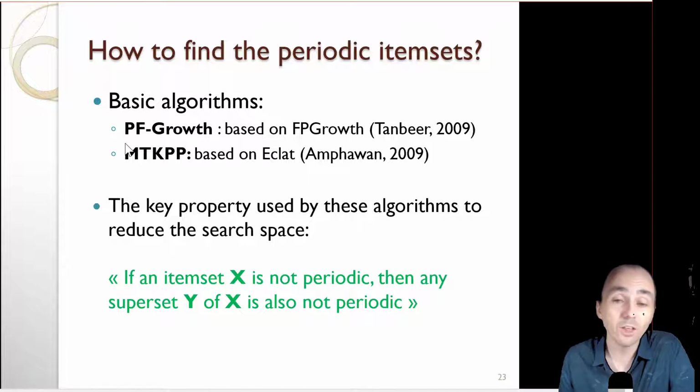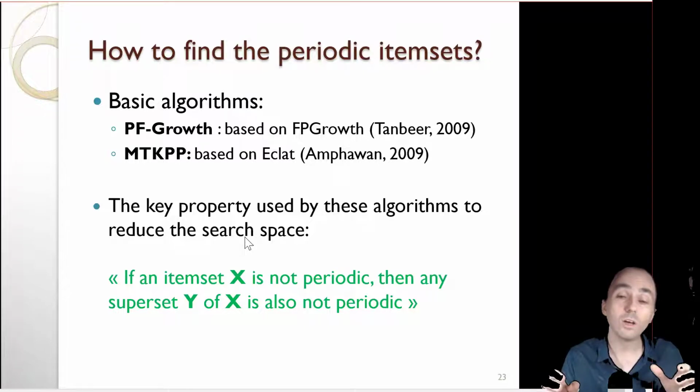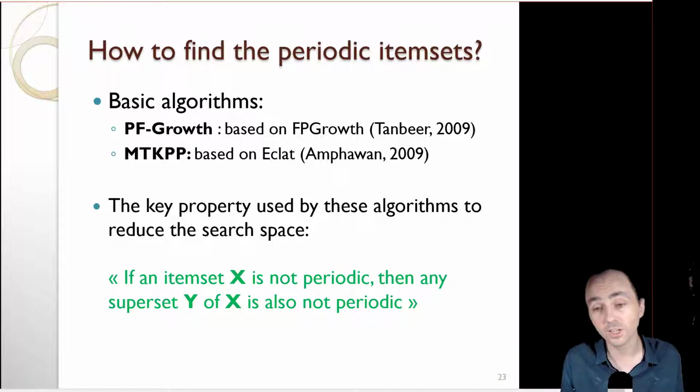Another one is MTKPP, based on ECLAT. These two algorithms have inspired many other algorithms. The key idea, without going into details, is that they use a property to avoid looking at all the combinations of items, because we want to find only the periodic item sets.